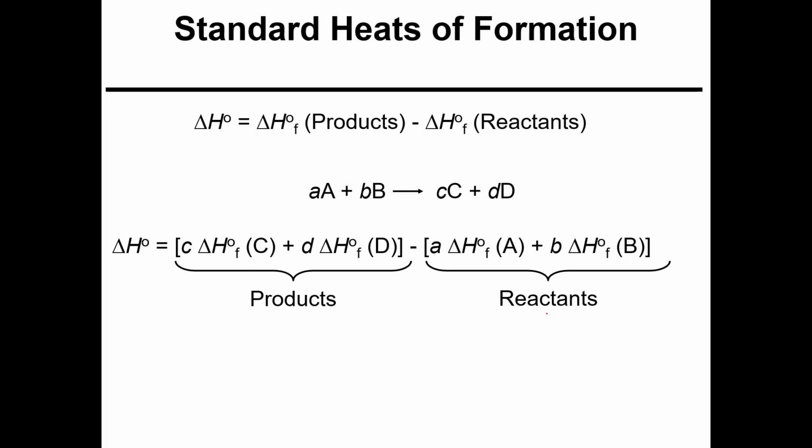This looks like a lot of writing, but what it boils down to is that you take the heat of formation for each compound times the number of moles of that compound, and it's always products minus reactants. So don't flip those. That's something students sometimes do, and it's easy to get those two confused. It's always products minus reactants.